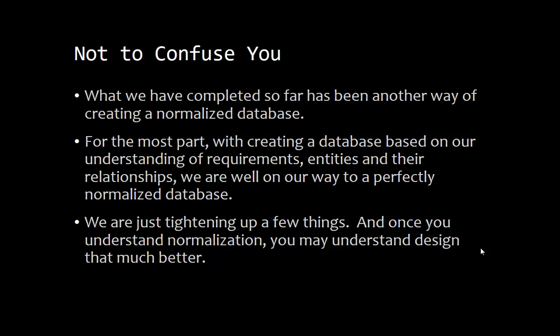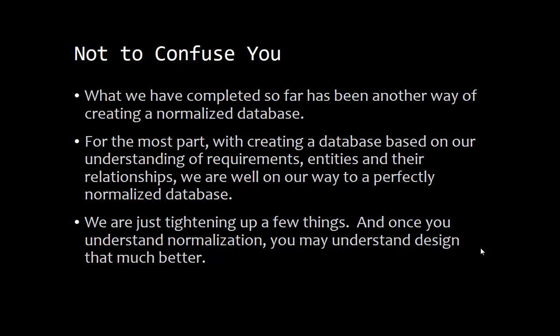So right off the bat, I don't want to confuse you, and what we're doing right now is not meant to confuse you. Basically, what we have completed so far is another way of creating a normalized database. We've attacked this from a design perspective. For the most part, with creating a database based on our understanding of requirements, entities, and relationships, we are well on our way to a normalized database.